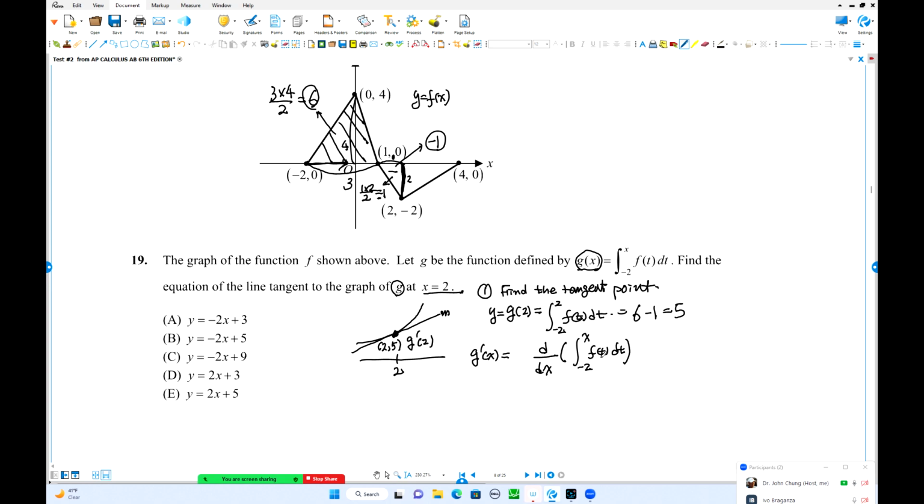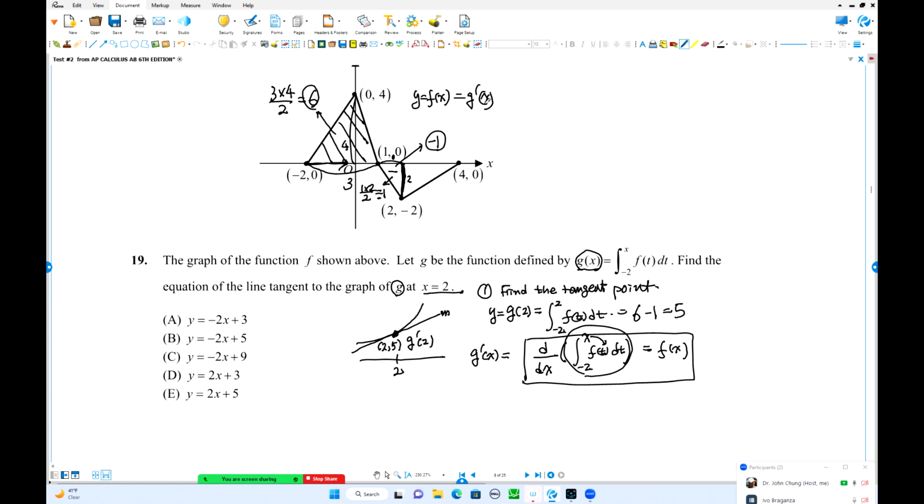These are definitions: when you take an integral, the result is already a function of x, because x is a variable. After that, we take the derivative with respect to x again. By the rule, x moves into the t, so we get f of x. That's the rule, isn't it? So g prime of x is f of x. This is f of x, and it is also g prime of x, the same graph.